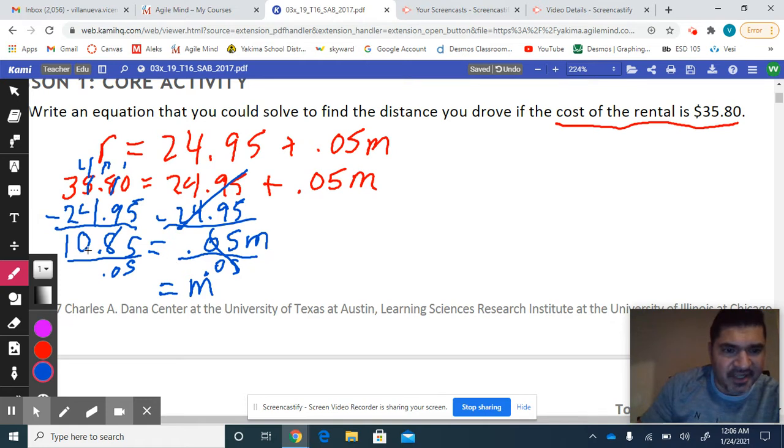Now on this side, I have $10.85. Divide that by 5 cents. So you guys can go ahead and type that out onto your calculator or go ahead and divide it out.